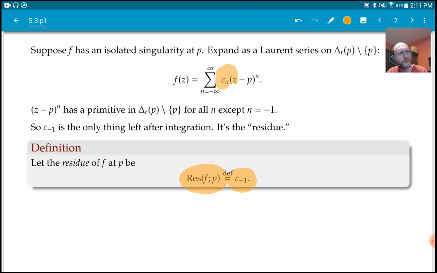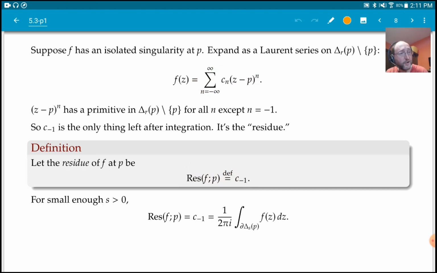So if you have some function with some number of isolated singularities, you could just compute these by somehow computing the Laurent series. Now for a small enough radius, if you go around this singularity in a circle, well, this was the formula for these coefficients when we were developing the Laurent series.